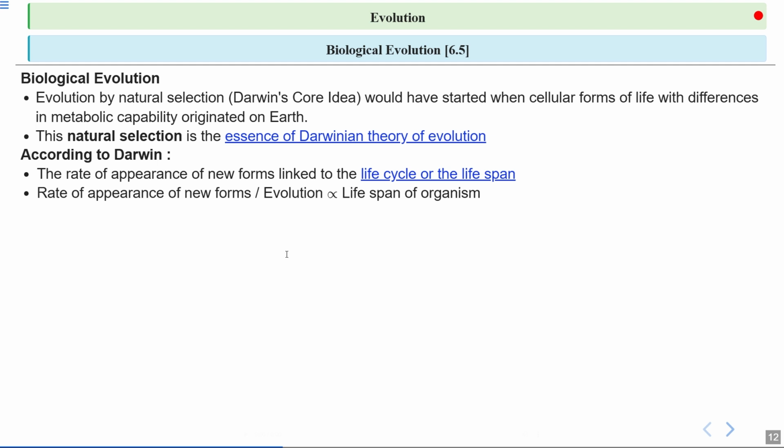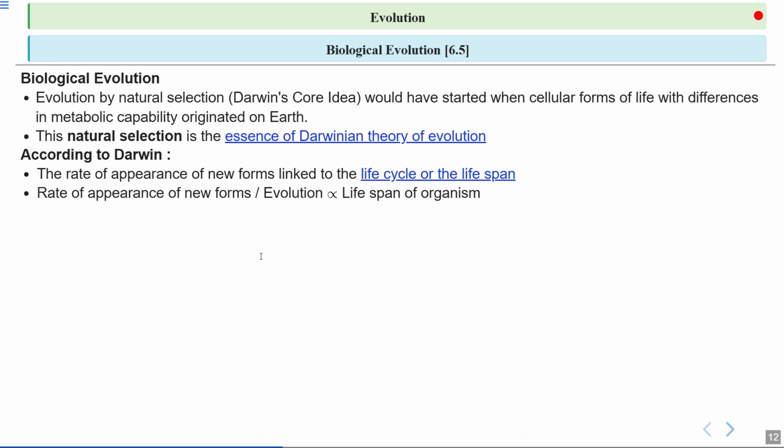If the lifespan is less, then what will happen? The evolution will be fast. Evolution of a species will be faster if the lifespan is less. Like in bacteria, the lifespan is very short and they multiply very fast. So evolution of a new species, or appearance of new life forms, will be faster if the lifespan is shorter.